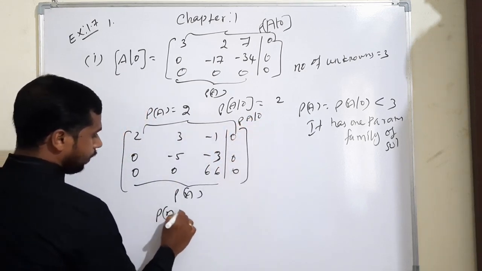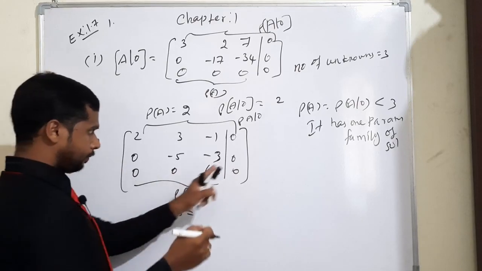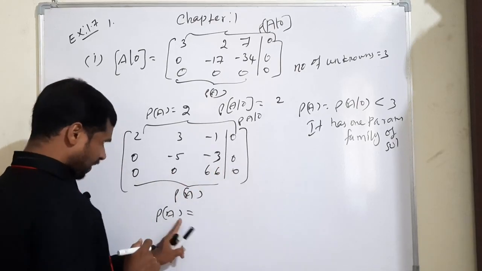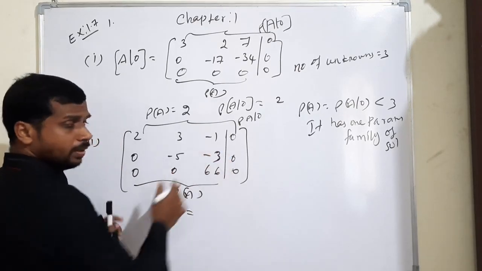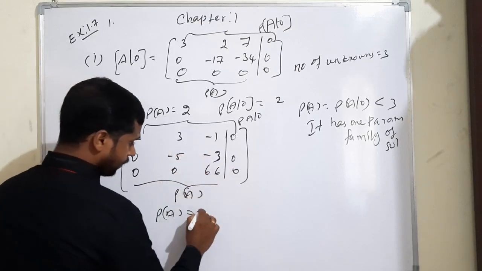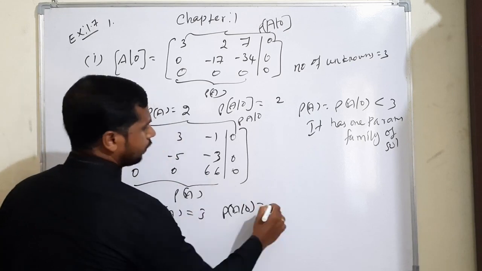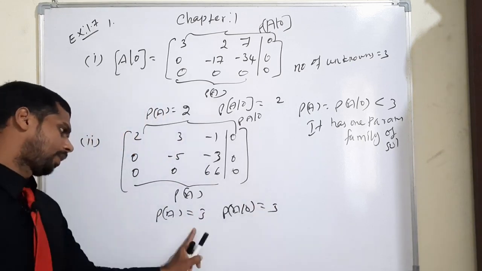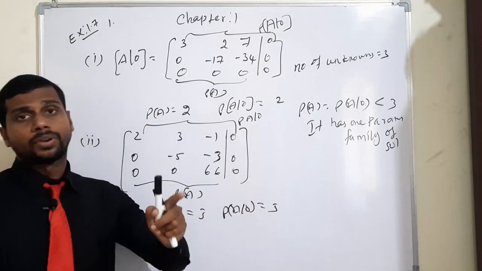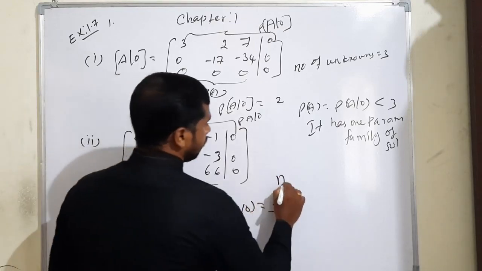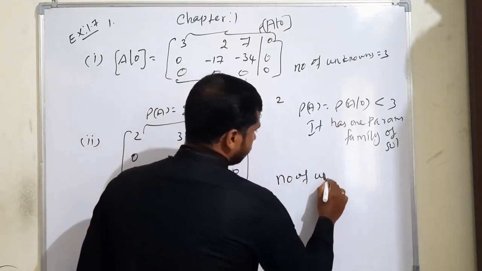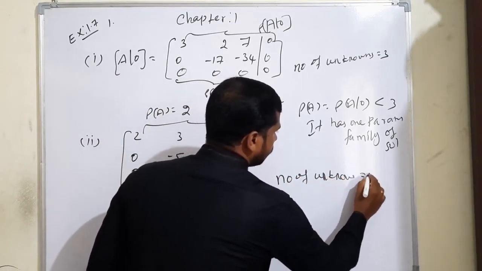So rank of A is equal to the number of non-zero rows, 1, 2, 3, and rank of A with O is also 3. So 3 and 3, as well as the number of unknowns, also 3.